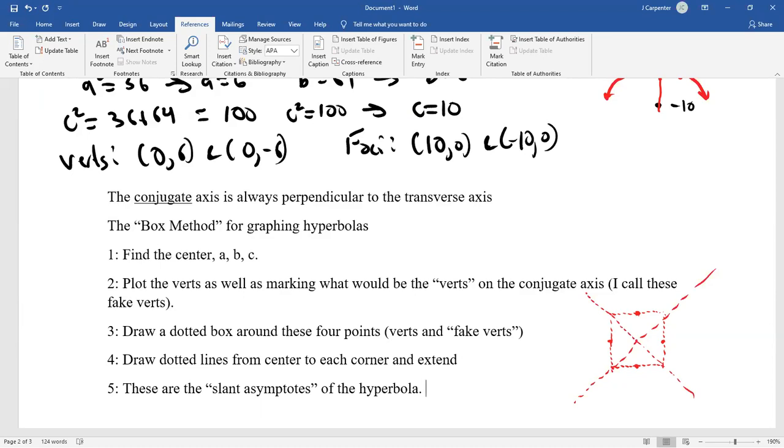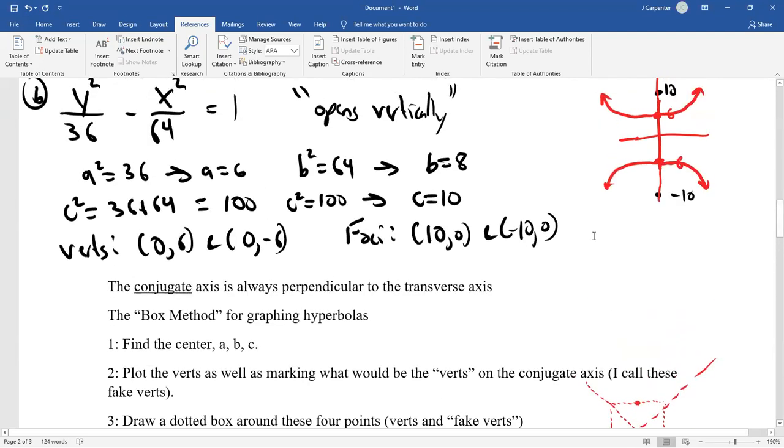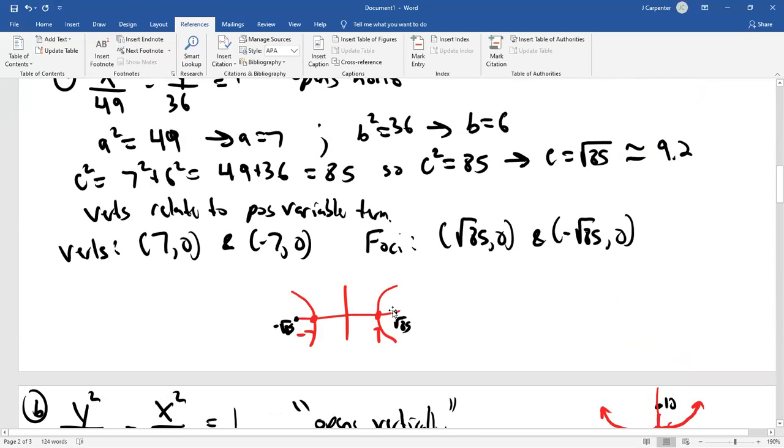So a slant asymptote just means instead of pulling you almost directly up or directly right, it's going to pull it kind of up and right or down and left, depending on where you're coming from. So you draw your shape from those vertices and then bend towards the slant asymptotes. So let's say we were drawing this first one. I drew my little box using the A's and the B's. I drew my slanted lines.